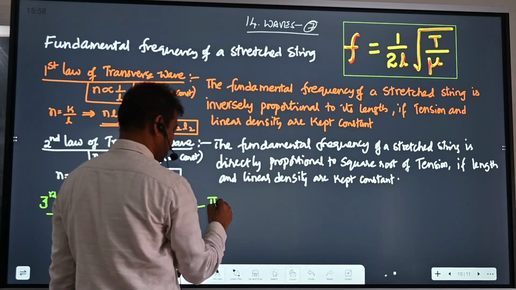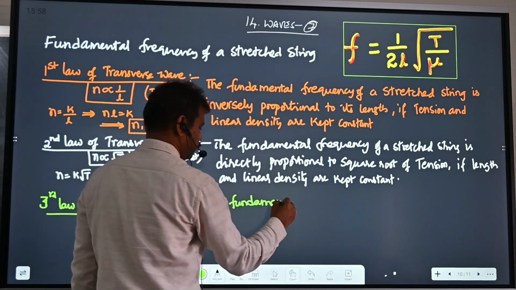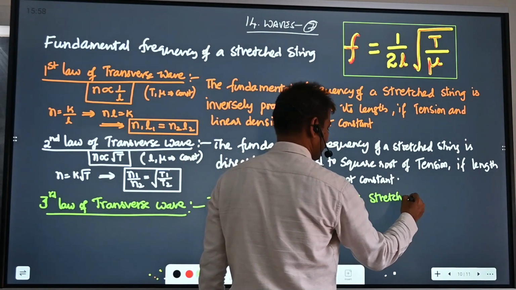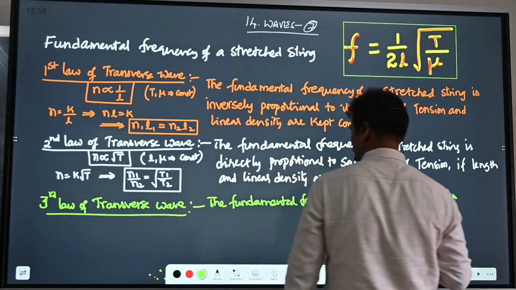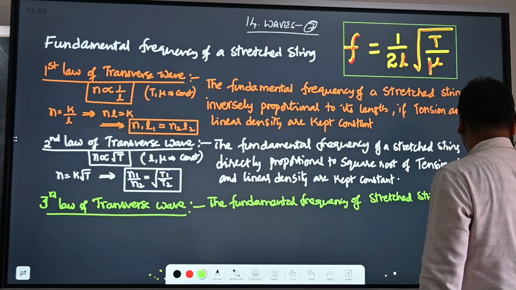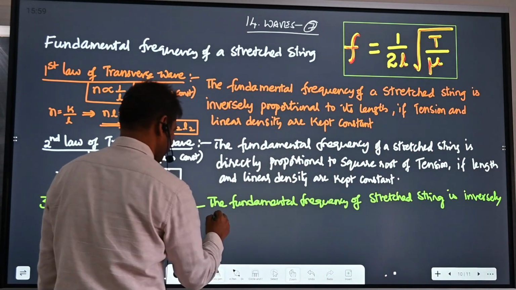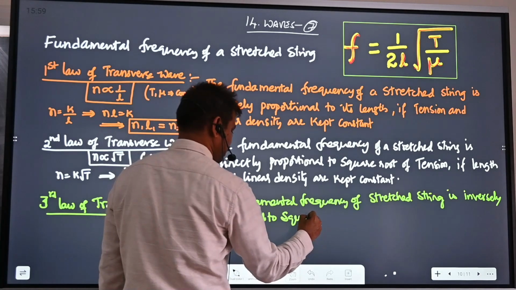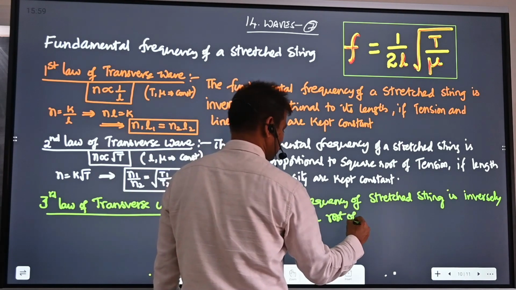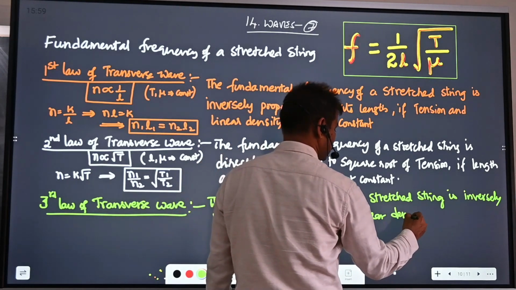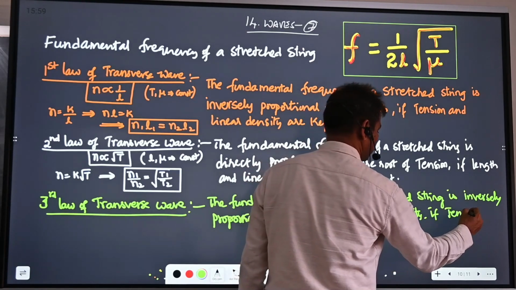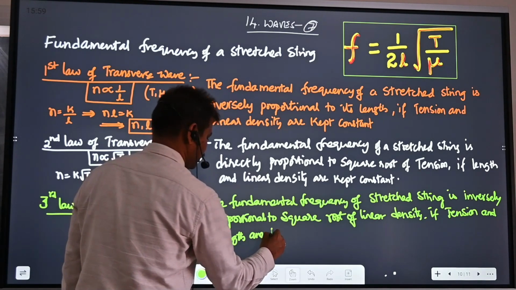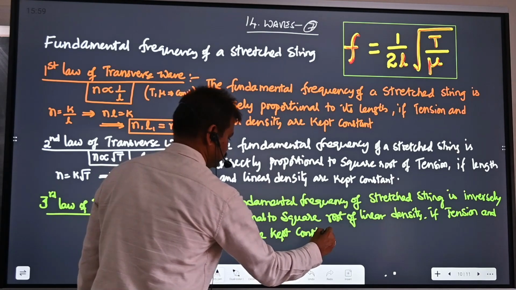So statement, you can write the statement now: the fundamental frequency of a stretched string is inversely proportional to square root of linear density if the tension and length are kept constant.